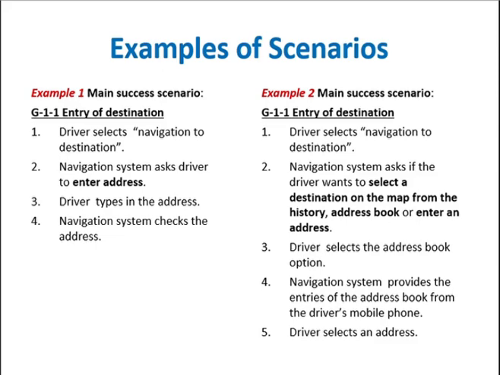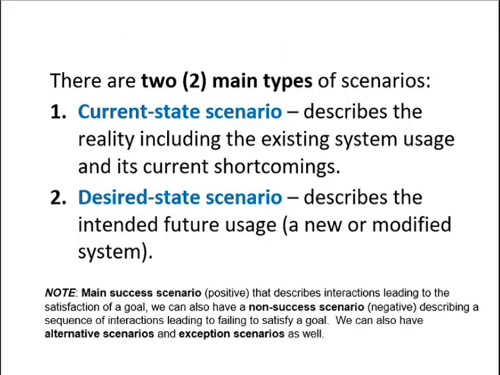Okay, got that? Okay, so between these two, maybe it's not both the solution. Maybe the first example is telling the current state scenario. Okay, so meaning that the scenario can actually be divided into two.